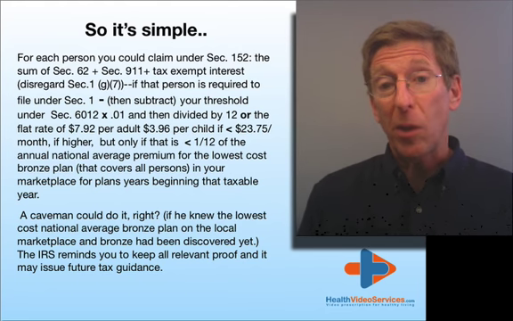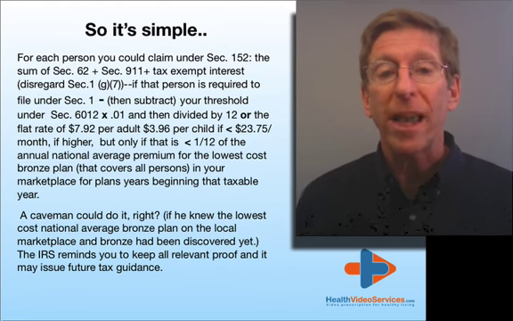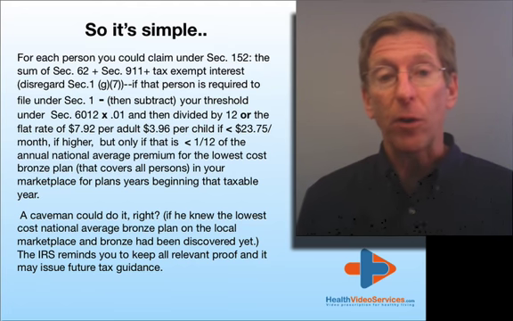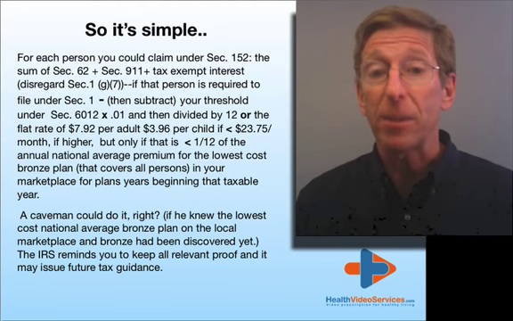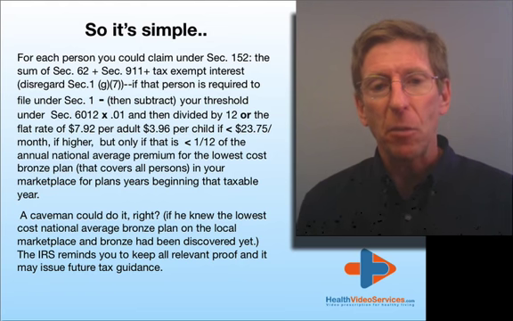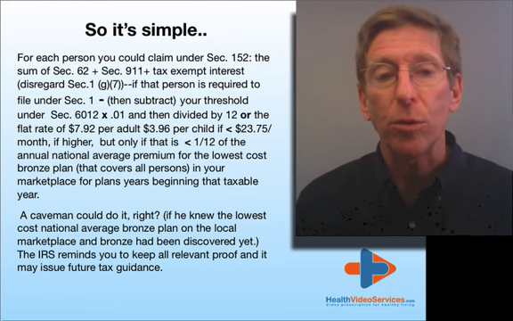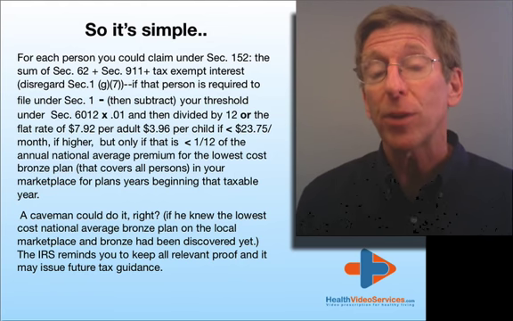A caveman could do it, right, if he knew the lowest cost national average bronze plan on the local marketplace, and bronze had been discovered yet. The IRS reminds us to keep all relevant proof, and it may issue future tax guidance.